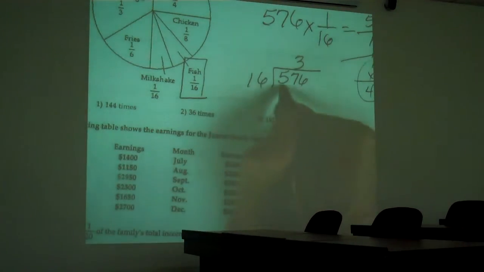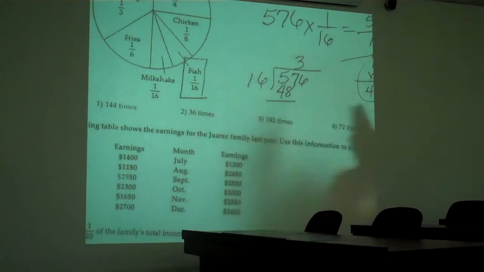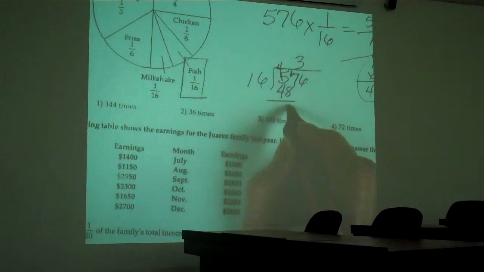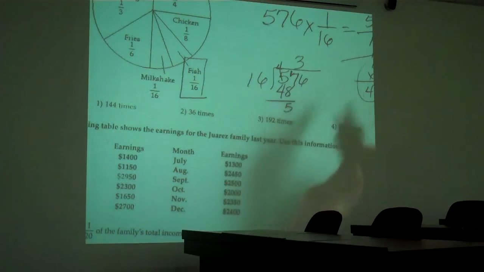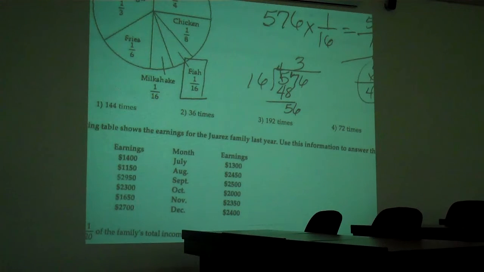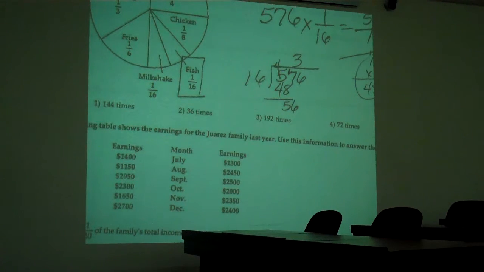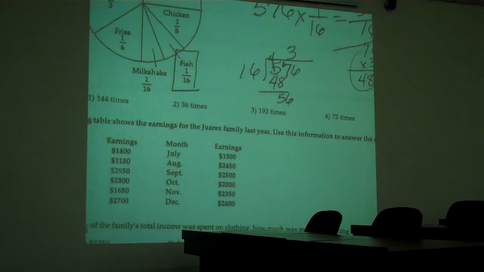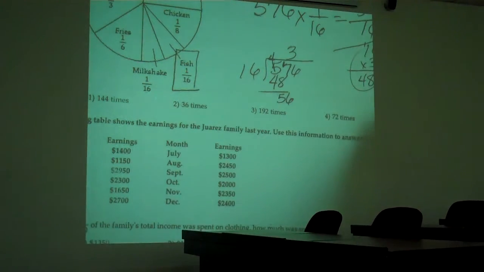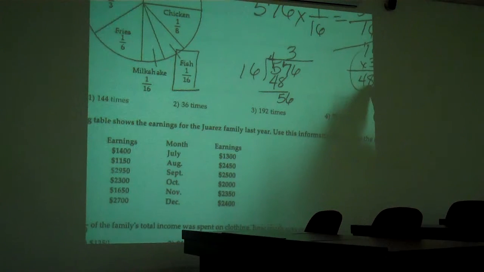For the first number it is 48. 57 minus 48 is 9. Bring our 6 down. It doesn't come out even, does it? Oh well. 16 into 56. We'll have to go 3 again, huh?